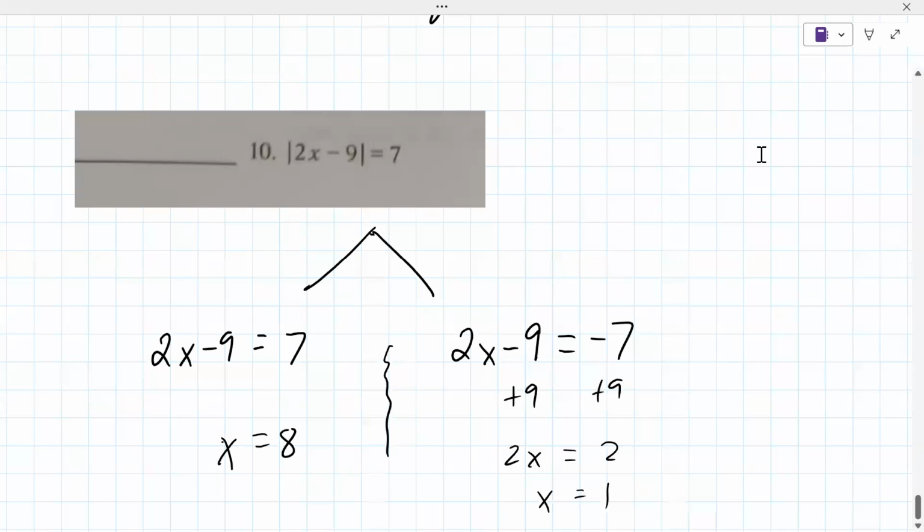I guess since we don't have anything else, we can end, or we can maybe do some problems as a review. Yeah. Let me give you a few more to solve here. Let's go with 5x minus 1 equals negative 21.